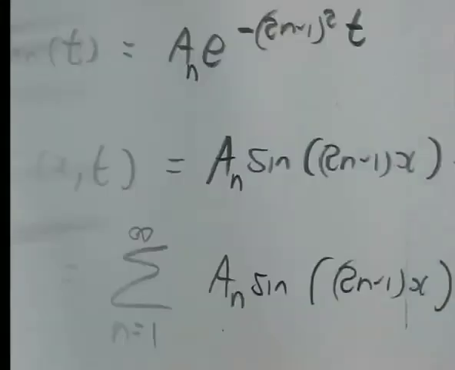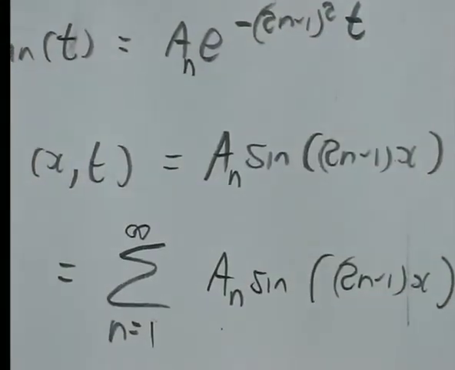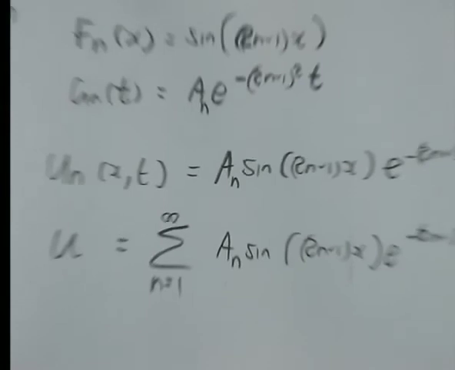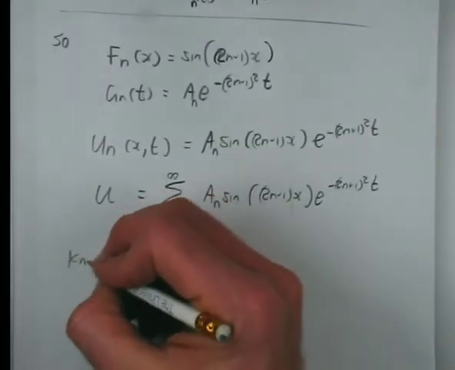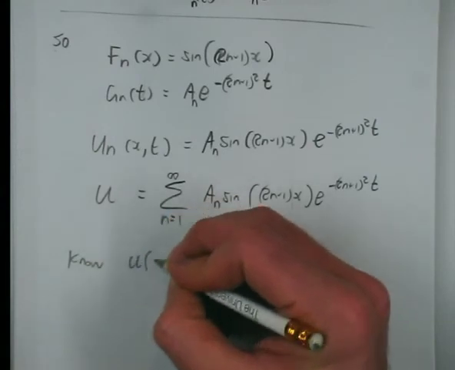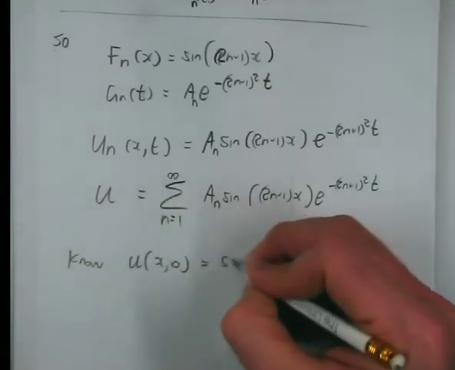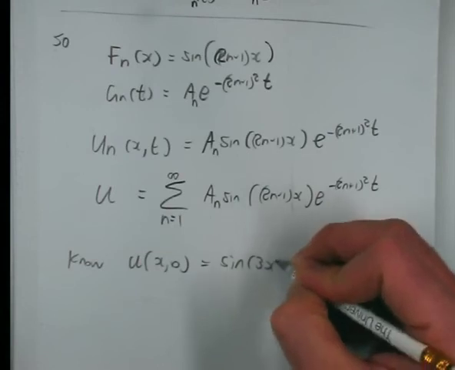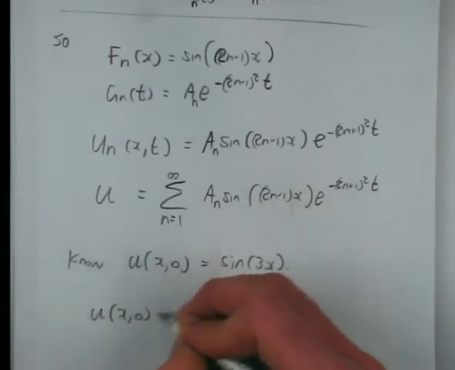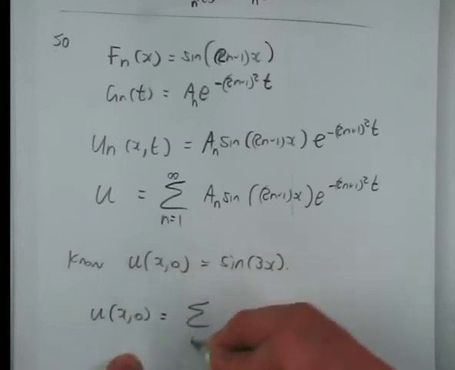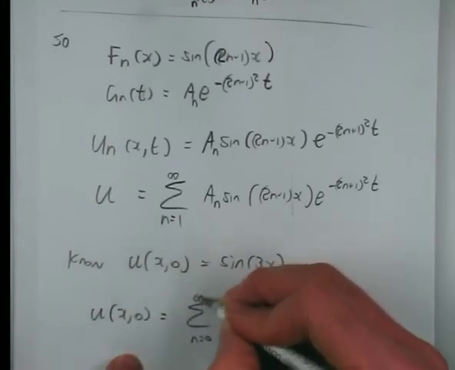So let's look at that. I know that u of x, 0 is sine 3x, so u of x, 0 will be what I get when I put t equals 0 in.